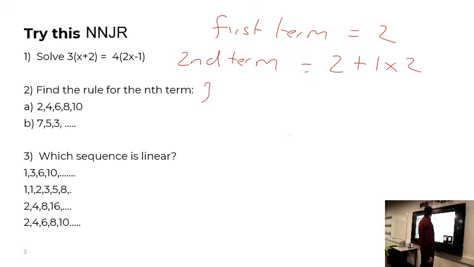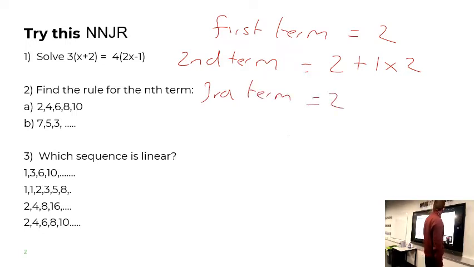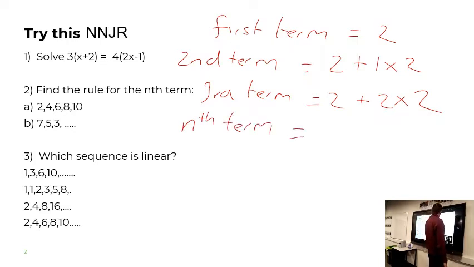Third term, we have 2, and we add 2 twice. And the nth term, we have 2, and since the second term adds the 2 just once and the third term adds the 2 twice, the nth term will be adding 2, n minus 1 times.